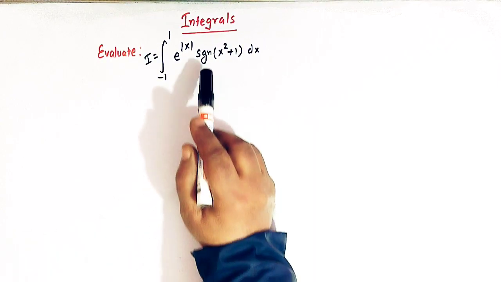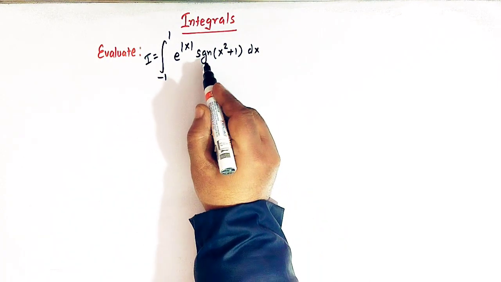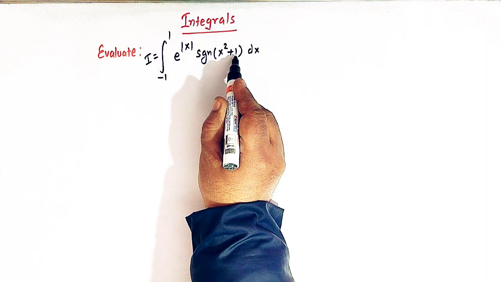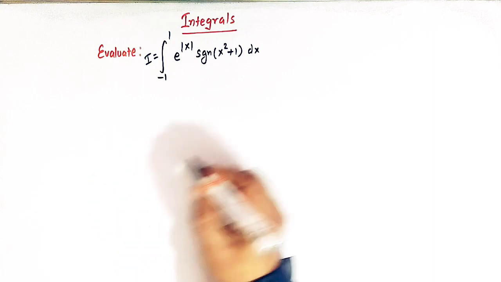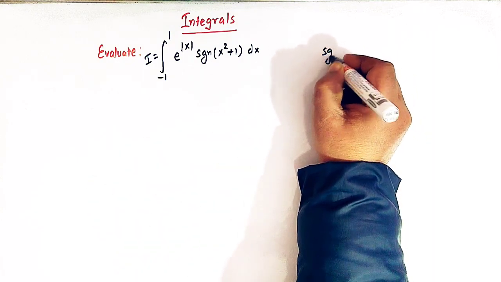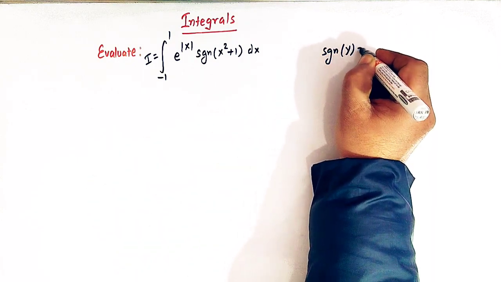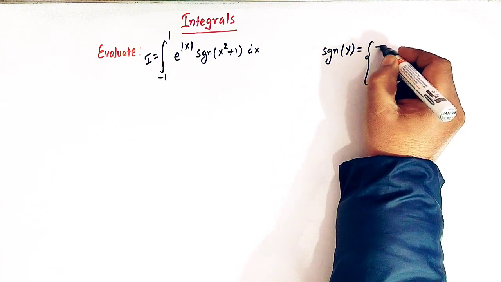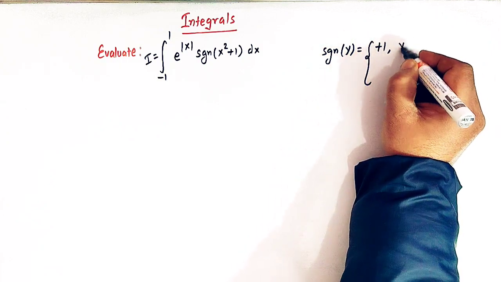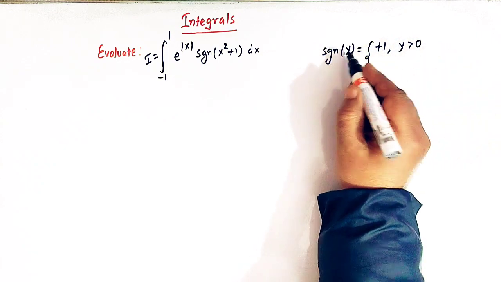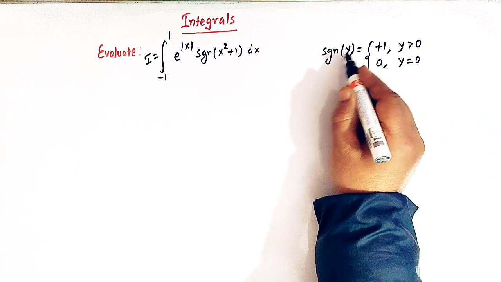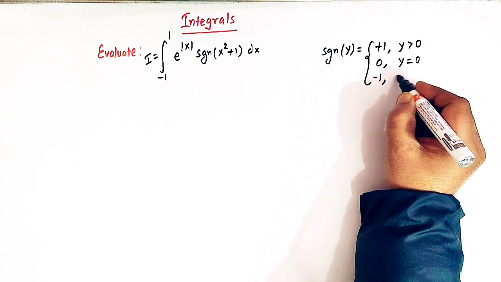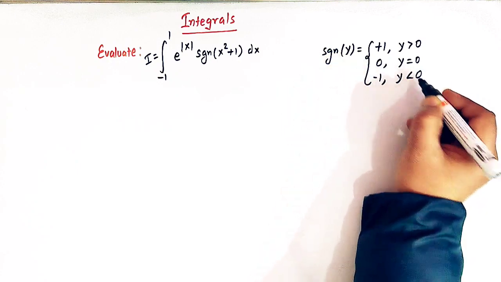Let us first take the term signum of x square plus 1. First let us see the definition of the signum function. We know that signum of y is defined as positive 1 whenever y is greater than 0, signum of y is 0 when y is equal to 0, and signum of y is negative 1 for y less than 0.